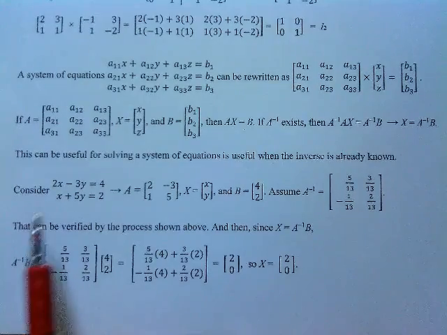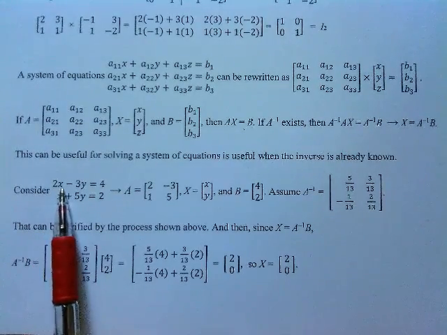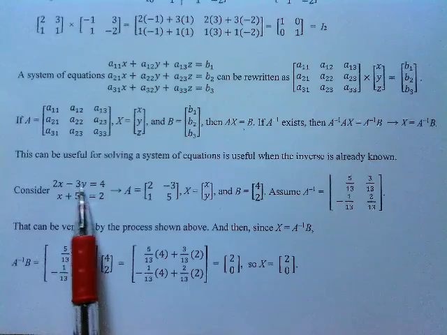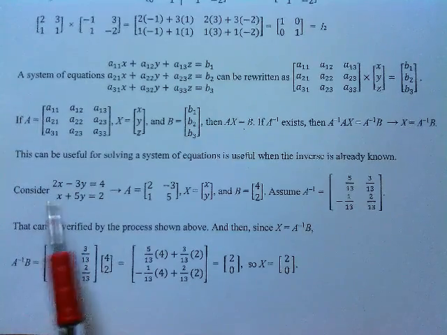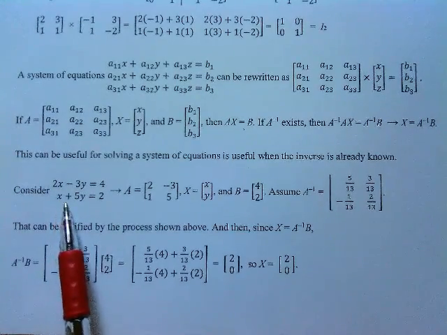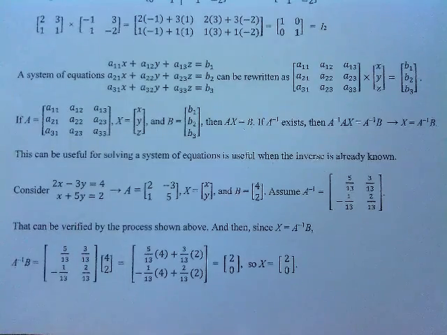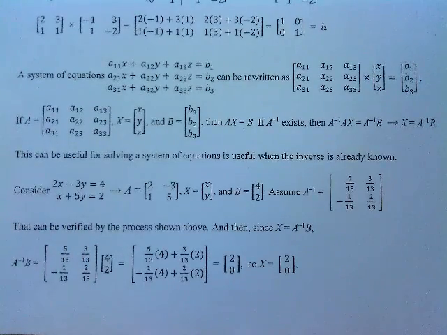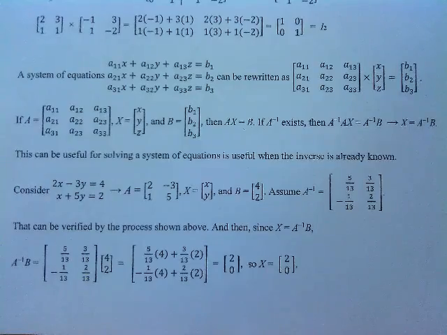And we can check real quick. 2 times 2 minus 3 times 0, that does give me 4. 2 plus 5 times 0, that does give me 2. So in fact it does give me the solution for both equations. So that's the method for using an inverse to solve a system of equations.